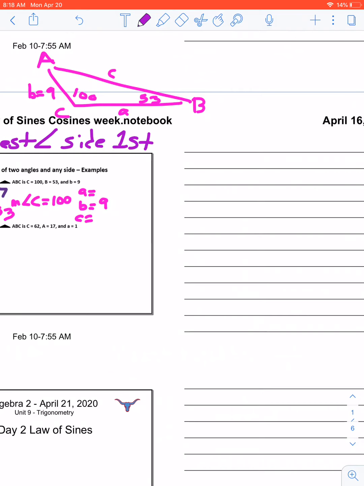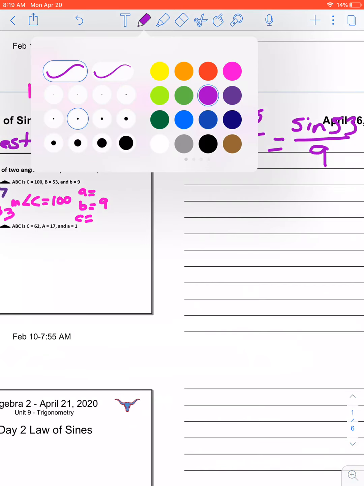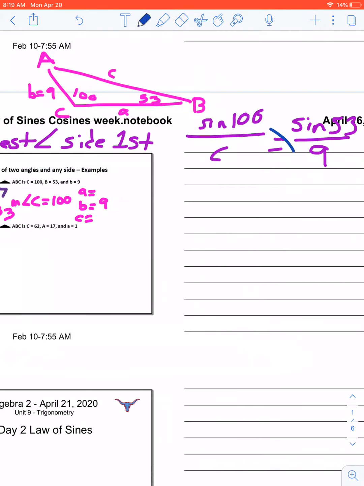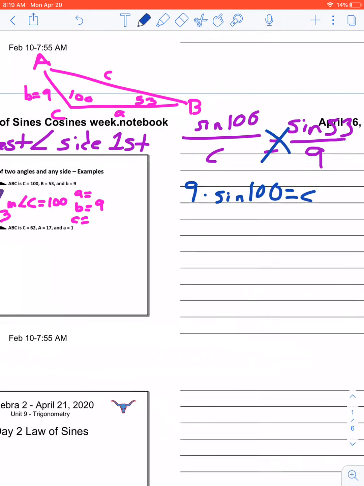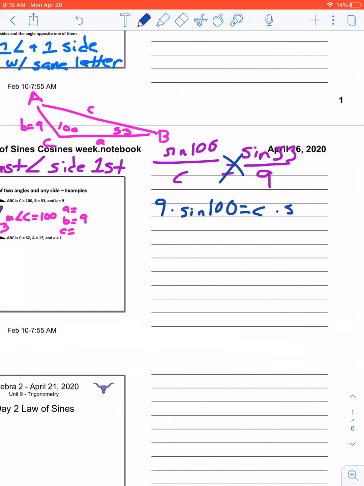So I have sine of 100 over C equals sine of 53 over 9. Because these are proportional, I can just cross multiply them. So I end up with 9 times sine of 100 equals C times sine of 53.